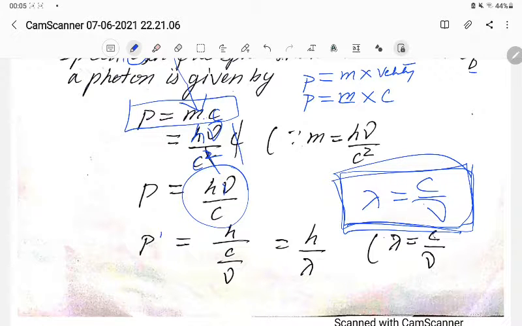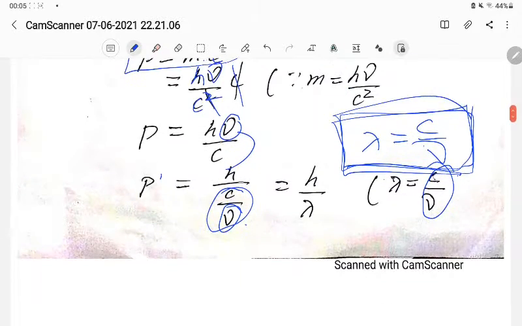So using this, I can take mu downside here. Now what is c by mu? So in place of c by mu we keep lambda.